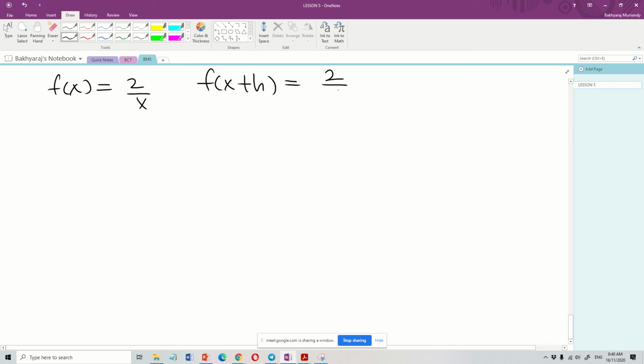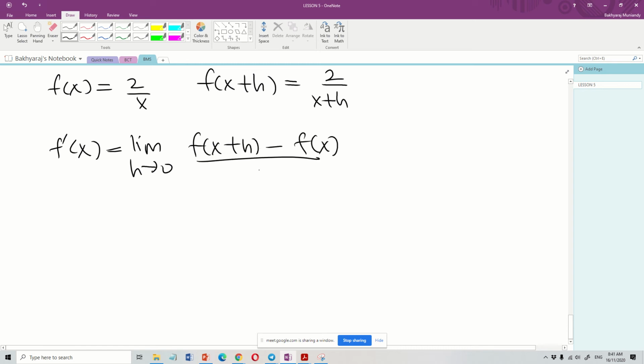Is 2 over x plus h. So I need to get prime. So to get prime, we need to put it into the formula. Okay, this is the formula. So I need to put the f(x) and the f(x plus h) function into the formula. So I get 2 over x plus h minus 2 over x, over h.